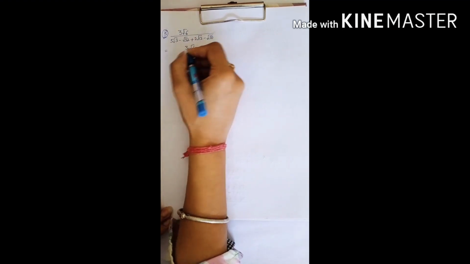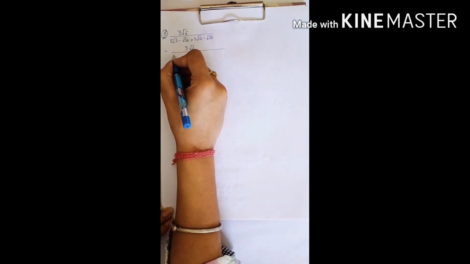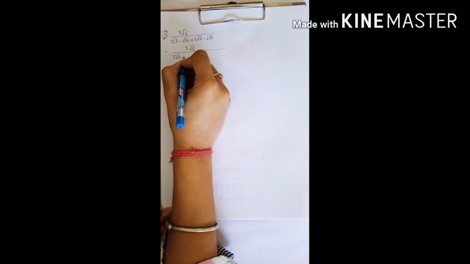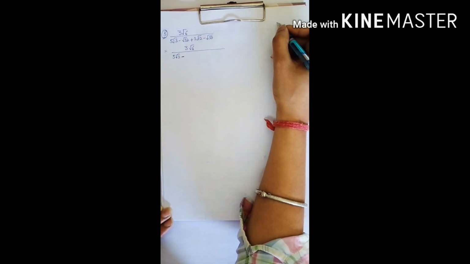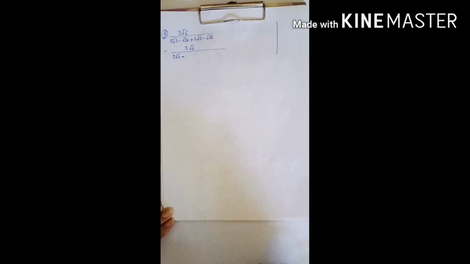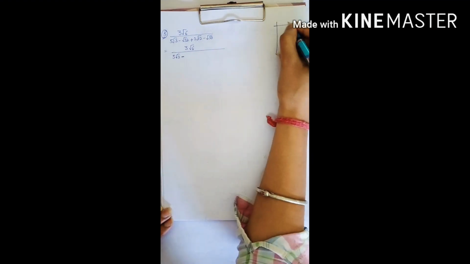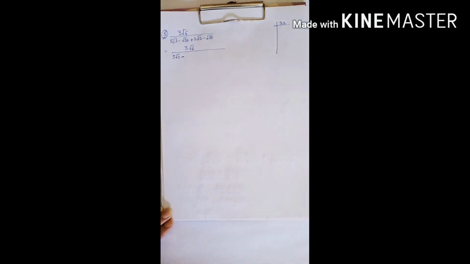Now 3 root 6 is in the numerator and in the denominator there is 5 root 3 minus root 32. Root 32 we will make it a square root. We want a square root of a prime number, but 32 is a composite number. So how will we make it a prime number? By taking the LCM of 32, or we will solve the square root of 32.